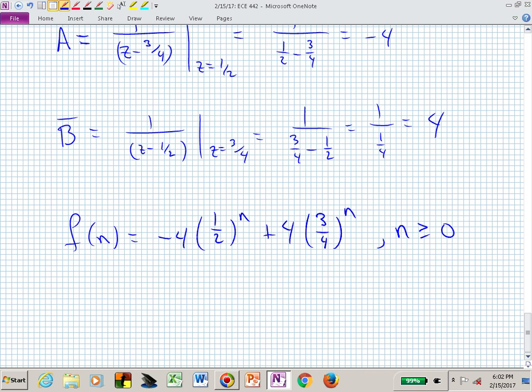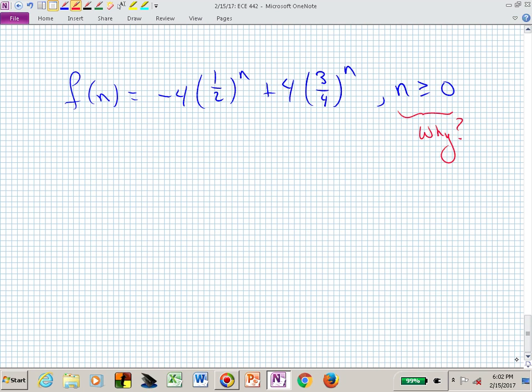And we know that it's n greater than or equal to 0 because of what piece of information in the problem statement? Why can we say n greater than or equal to 0?